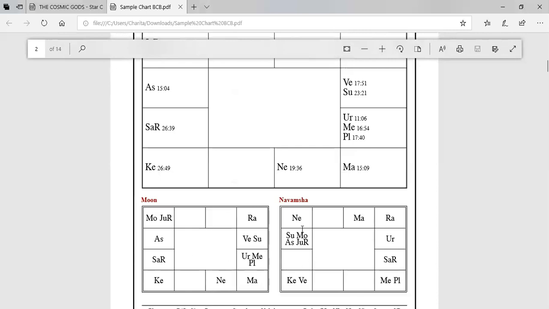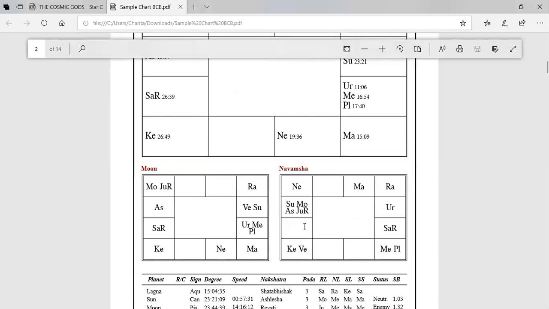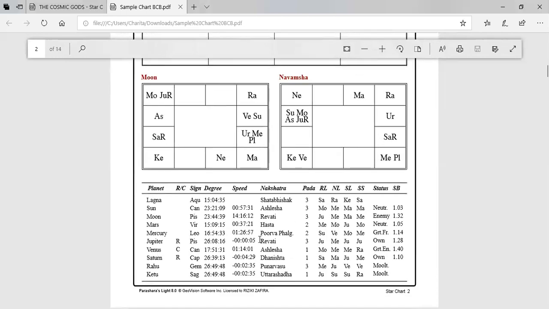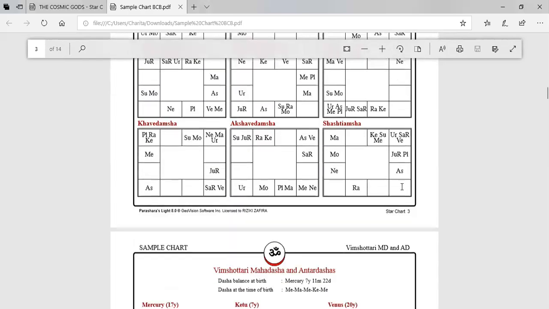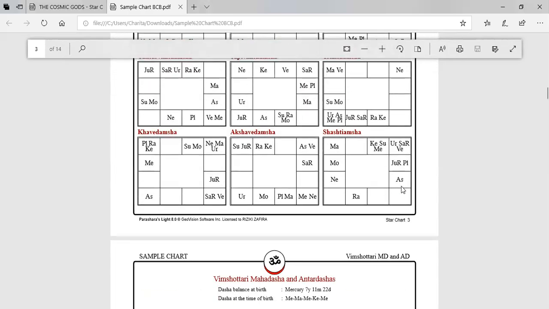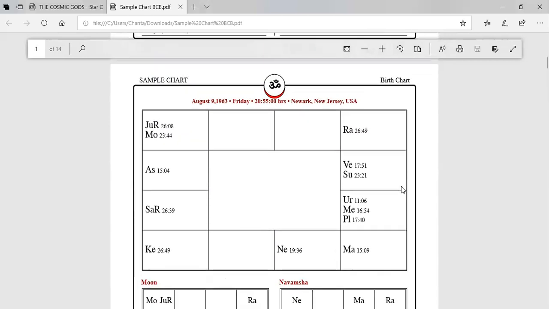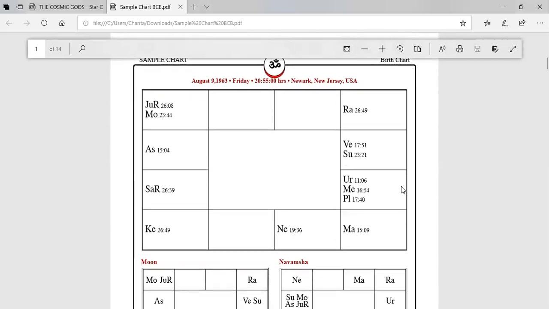Okay, this again is a part of the divisional chart department, so we'll keep that there. This is kind of your key to understand, okay, again, planets, is it retrograde or combust, signs, degrees, so forth and so on. These are your divisional charts. This is your Mahadasha.